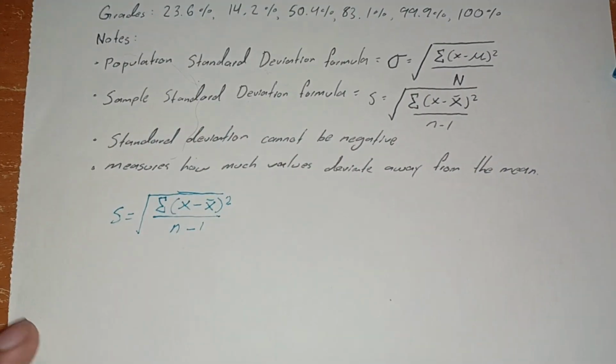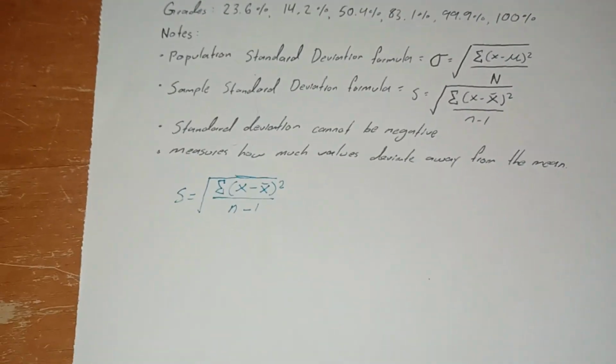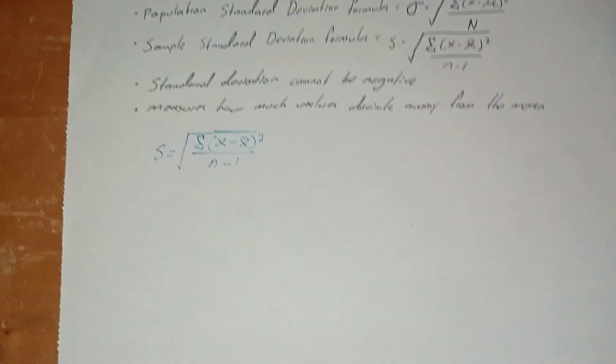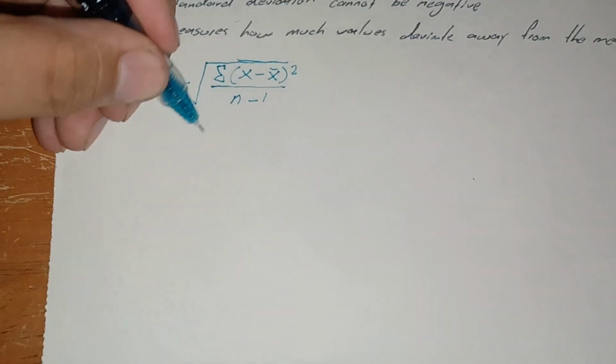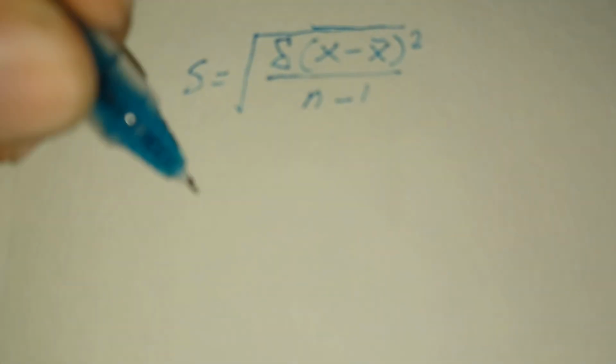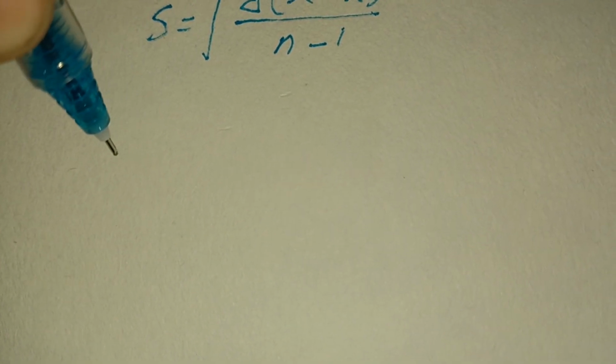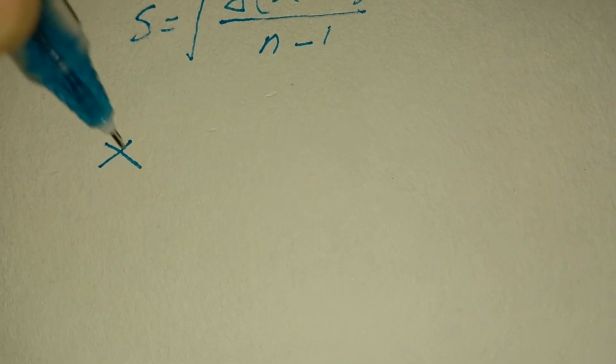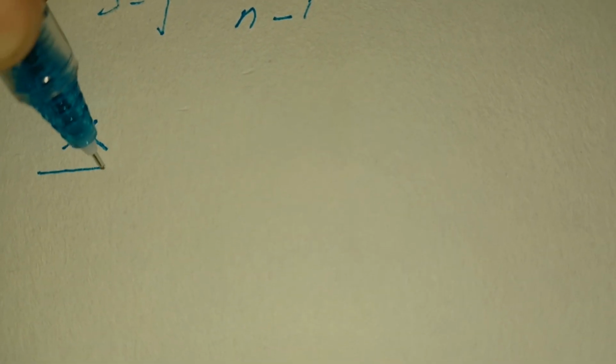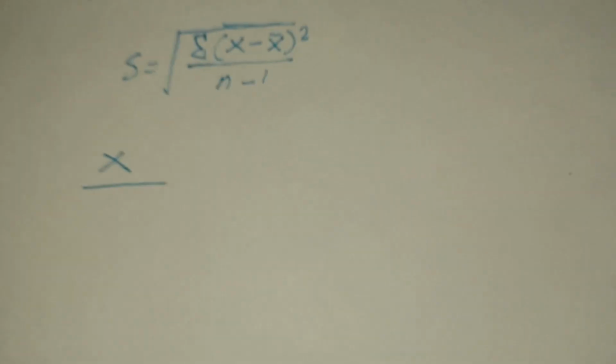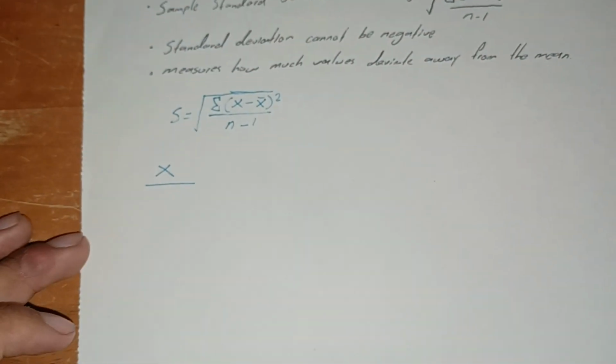So let's go ahead and compute the standard deviation. You're going to need to list your x values. So let's write down the letter x and the line, because we're going to tabulate this data. We're going to make several columns.